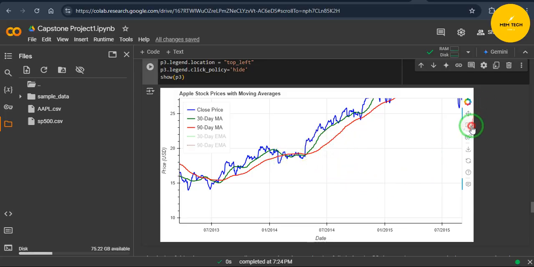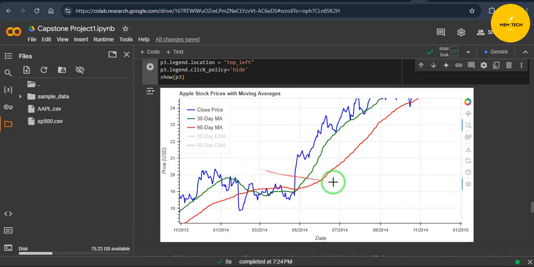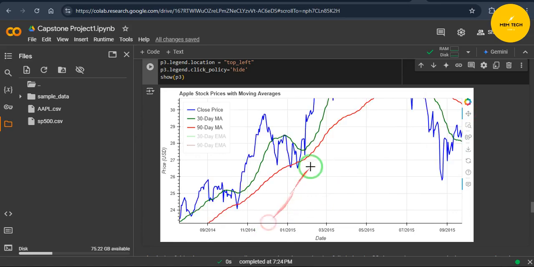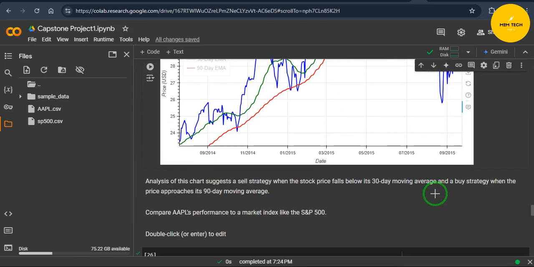This is a buy signal, and again here this is a sell signal. This is a buy, this is a buy, sell, and that's it.